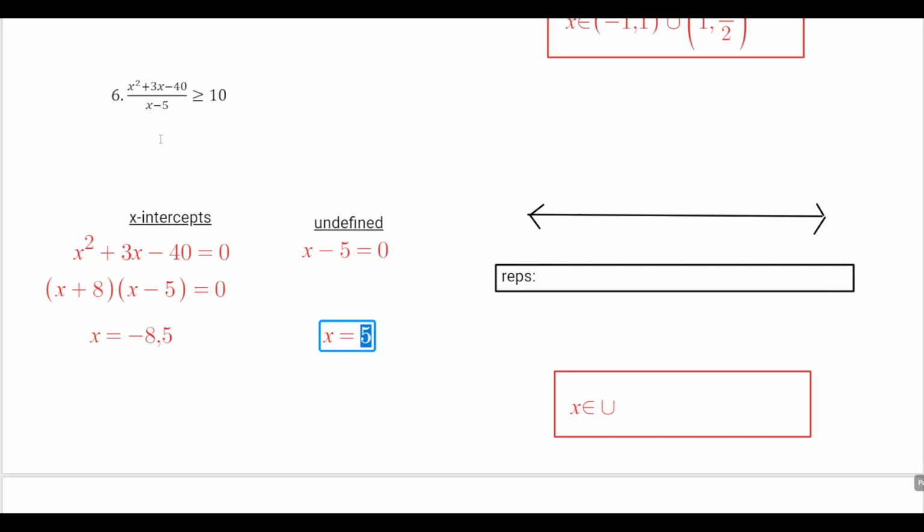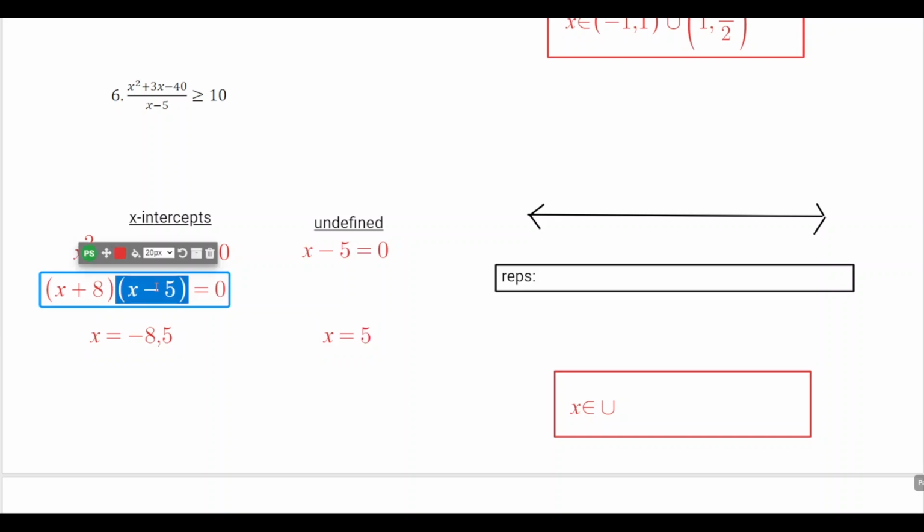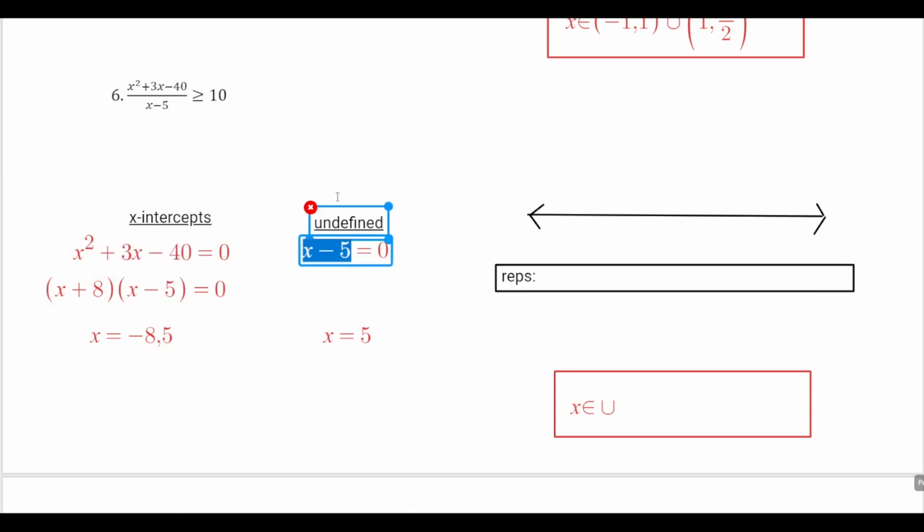Whenever this happens and you have the same factor in the numerator and the denominator, in this case we've got x minus 5 in both the numerator and the denominator, there is something consequential about that, and in the next unit when we look at rational functions a little bit more closely, we'll go over exactly what that means.